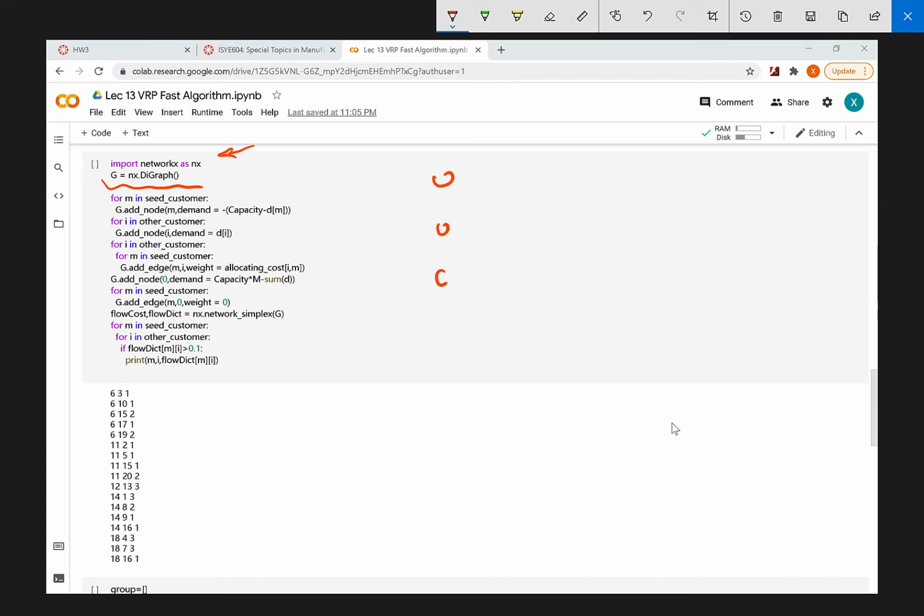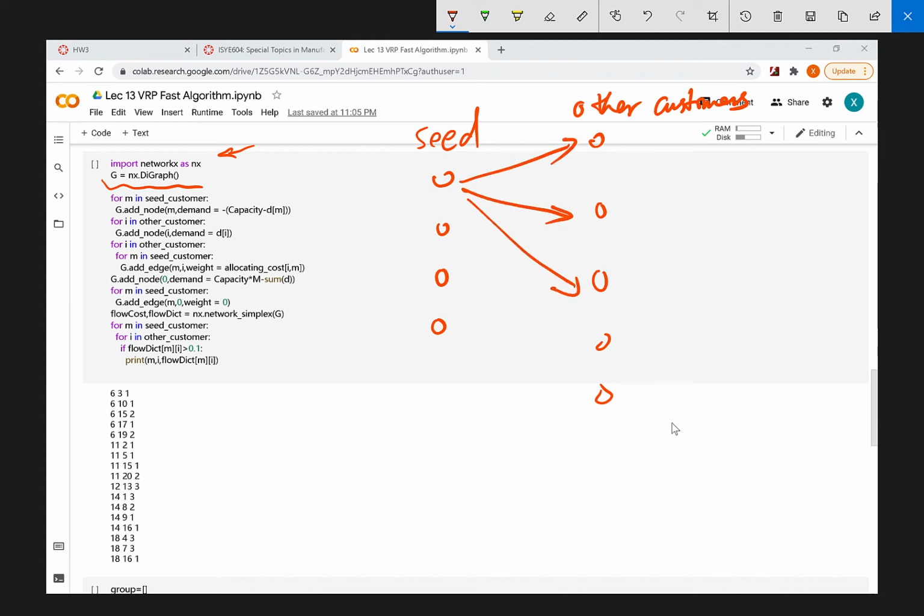On one side are our centers, which are our seed customers, and on the other side are our other customers. We create the graph structure where each edge indicates a certain cost, calculated by the allocating cost.